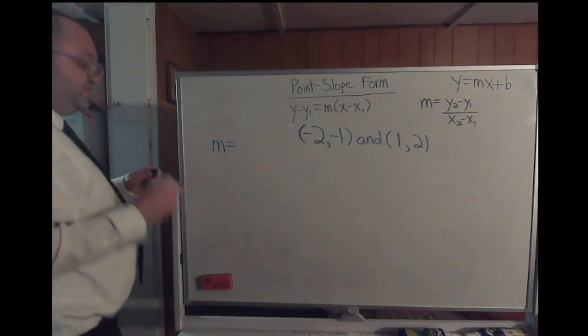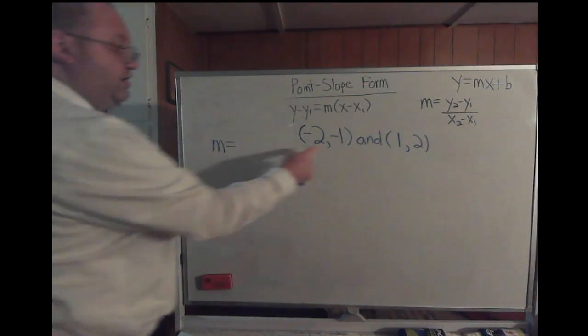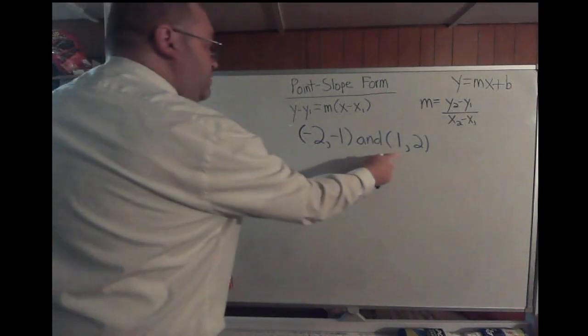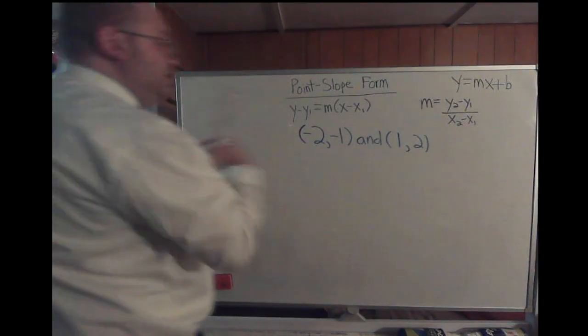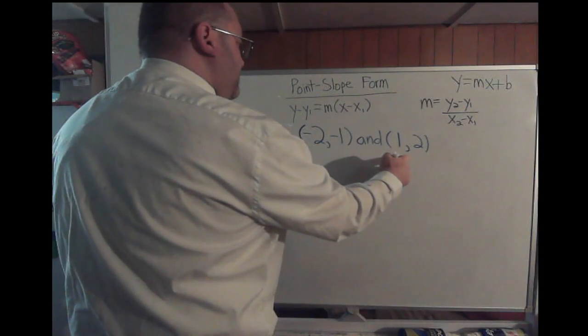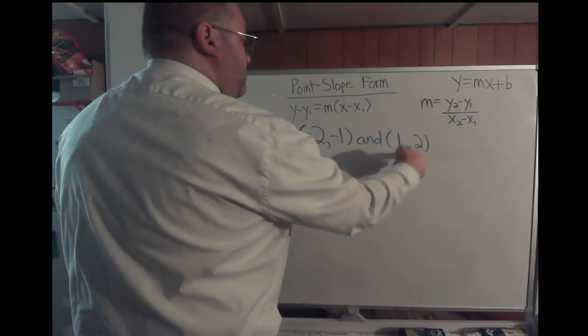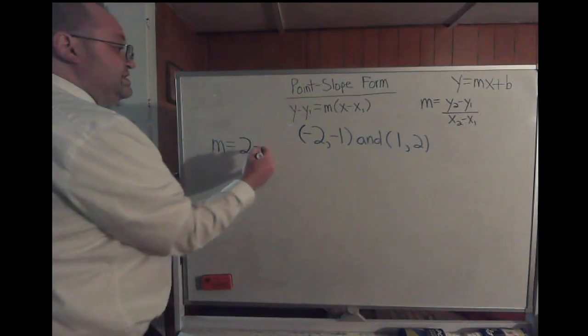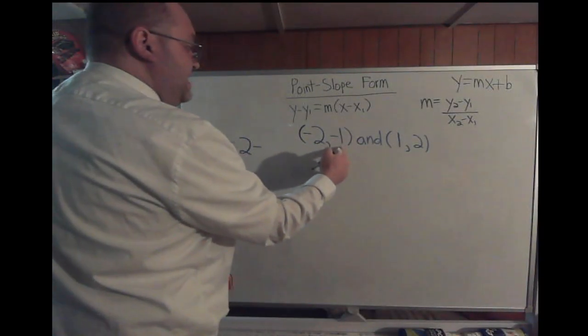Of course, we have to determine which point we want to be our first point, which point we want to be our second point. I'll make 1, 2 our second point. So if we make 1, 2 our second point for the slope, that y2 is going to be 2, minus the y1, which is that -1.